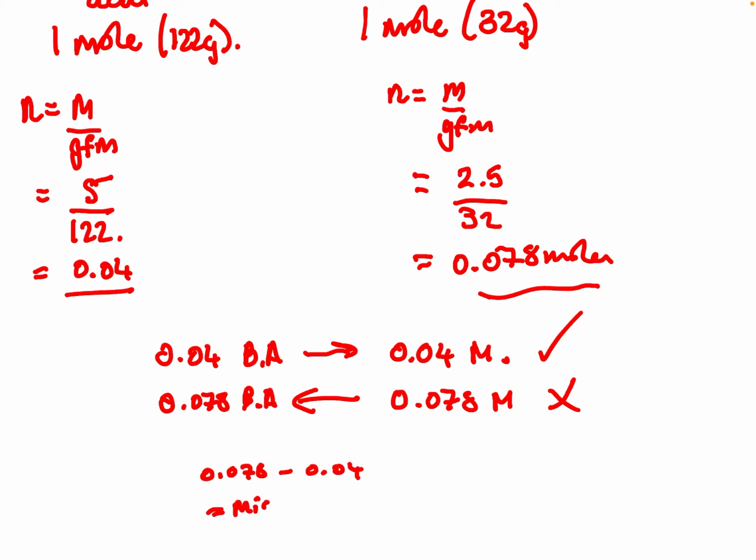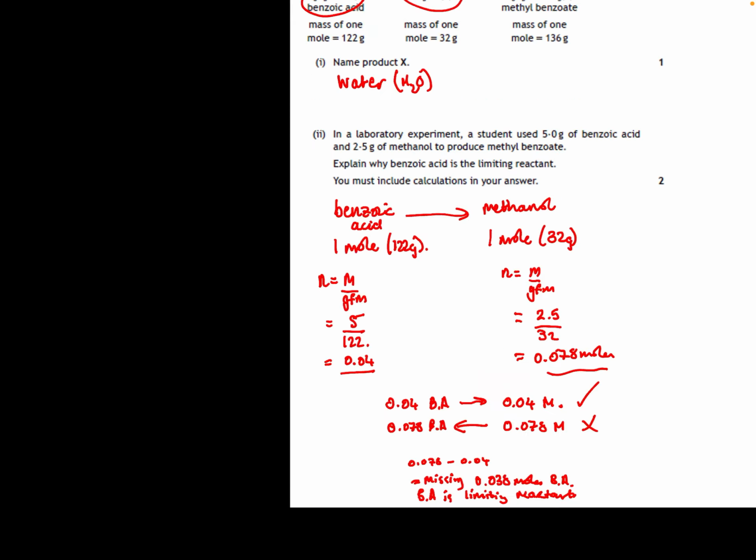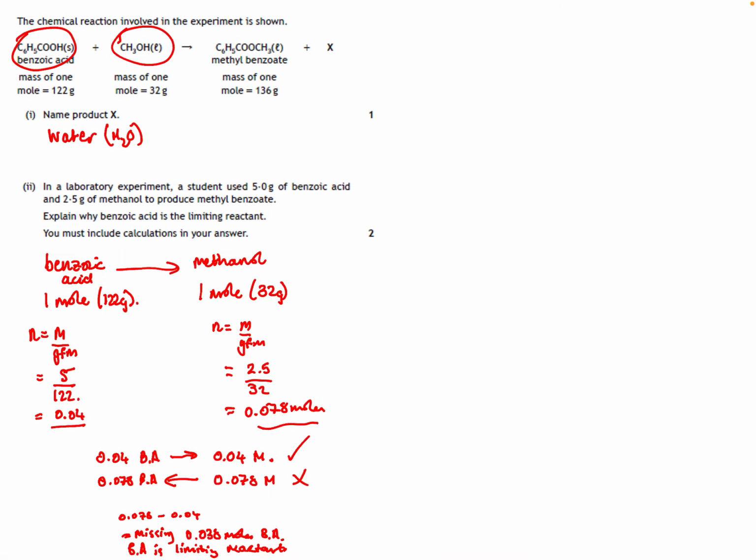So benzoic acid is the limiting reactant. There you go. So we have shown that benzoic acid is the limiting reactant because it is missing enough to react with that full amount of the methanol.